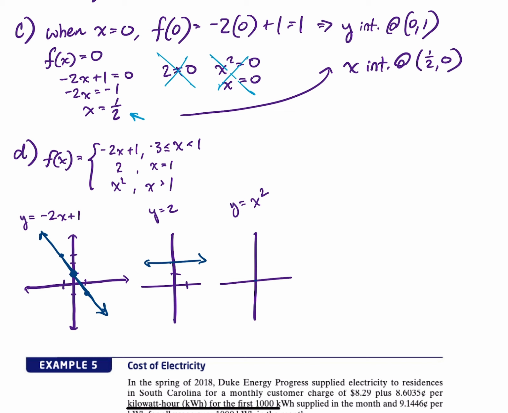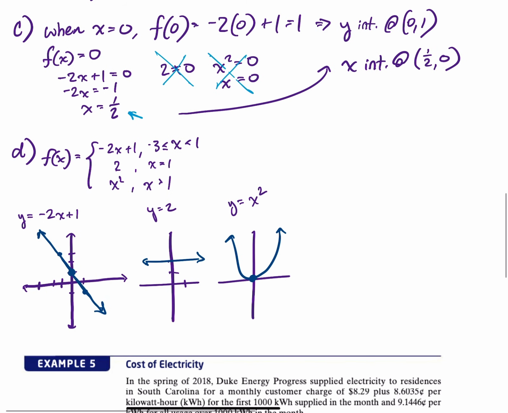So that's our classic parabola centered at the origin. But we only want to steal certain sections of this. So our first one is from -3 to +1. You can imagine -3. If we plug in -3 here, that would give an output of +7. So it's somewhere up here. Let's just say, for the sake of our example, this is -3, 7.